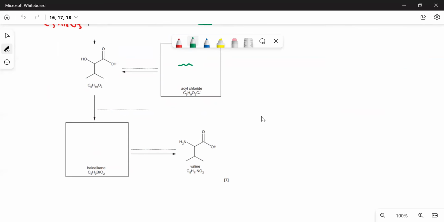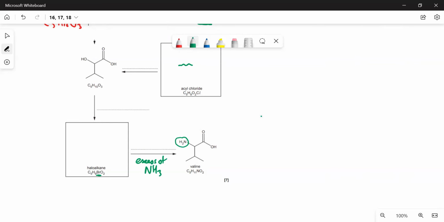What have we done here? We've got a haloalkane, and we've replaced that bromine with an NH2 group. Now what would you use for that? You would use an excess of ammonia.